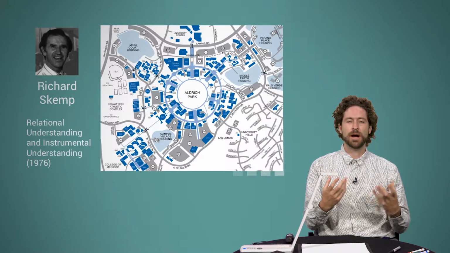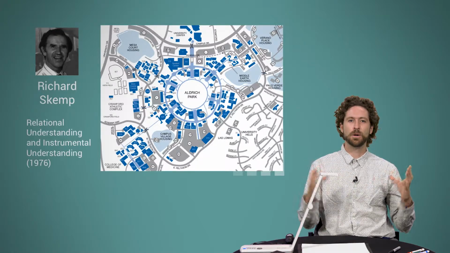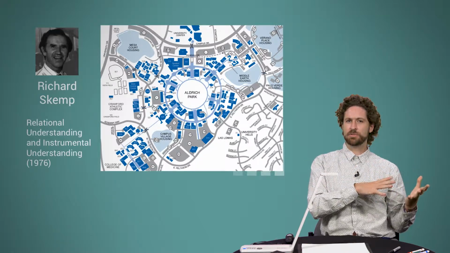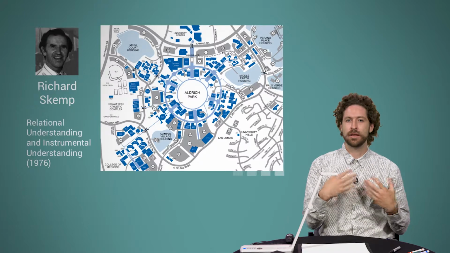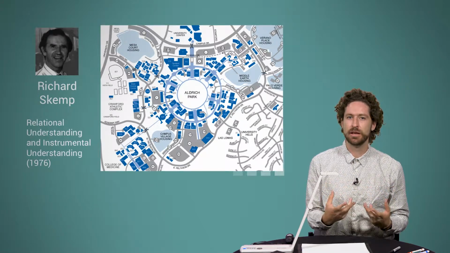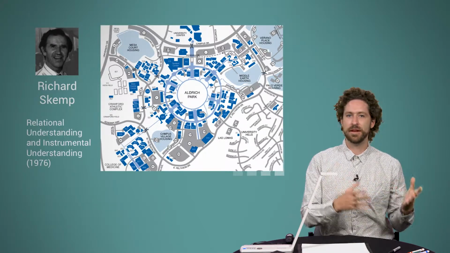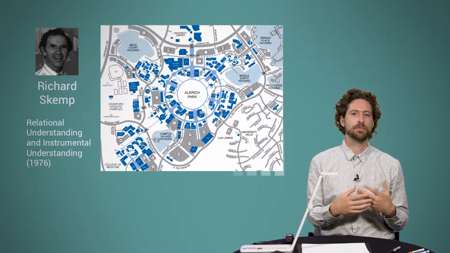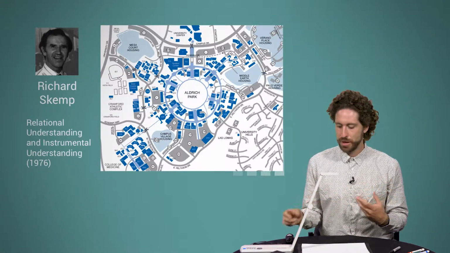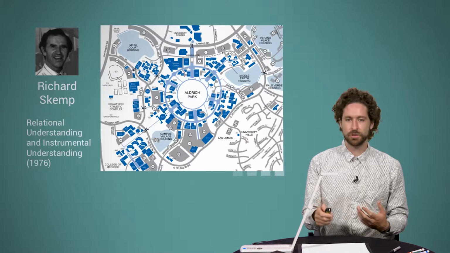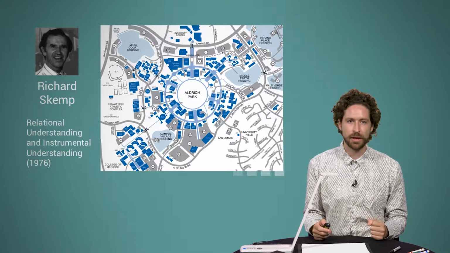Just get immersed into the map and understand it as a whole. Understand how this place connects to other places. And when you get this type of understanding, it's going to be much easier to get to any place, to a different place. So this analogy serves us to capture these two types of understanding in mathematics.